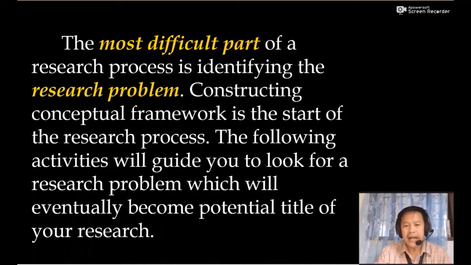That is why the following activities will guide you to look for a research problem which will eventually become the potential title of your research. So, listen very carefully because I am going to give you a certain activity which you can use as a basis to conceptualize your research.